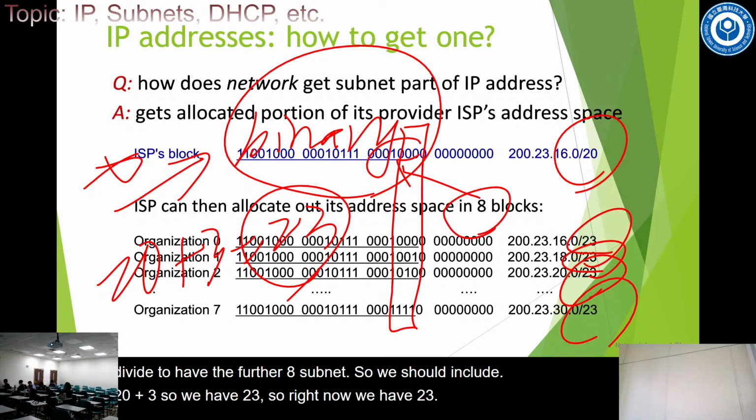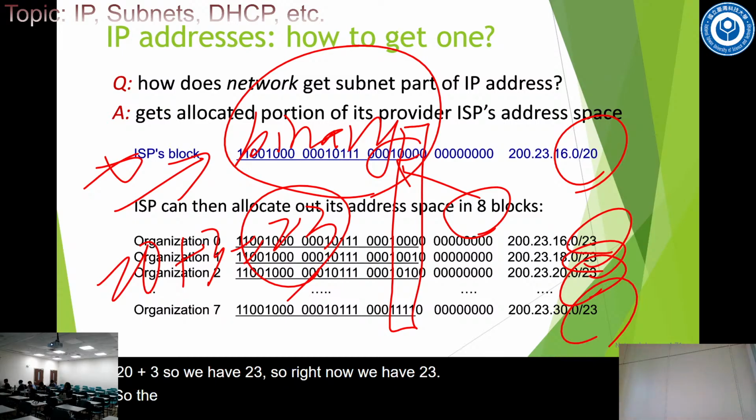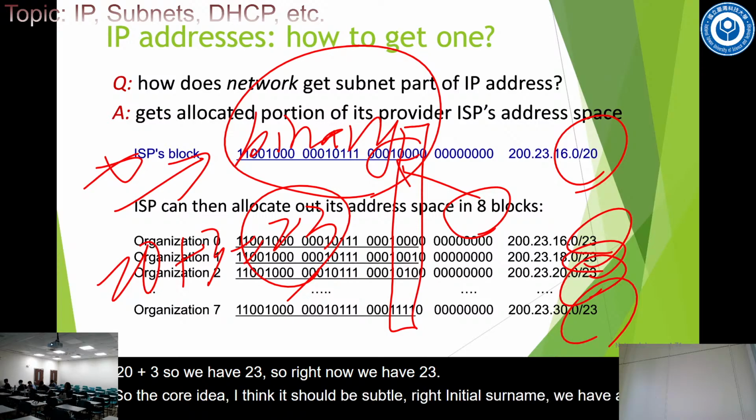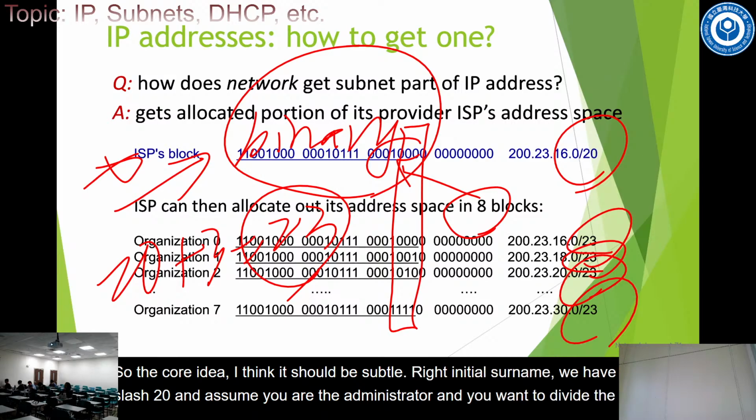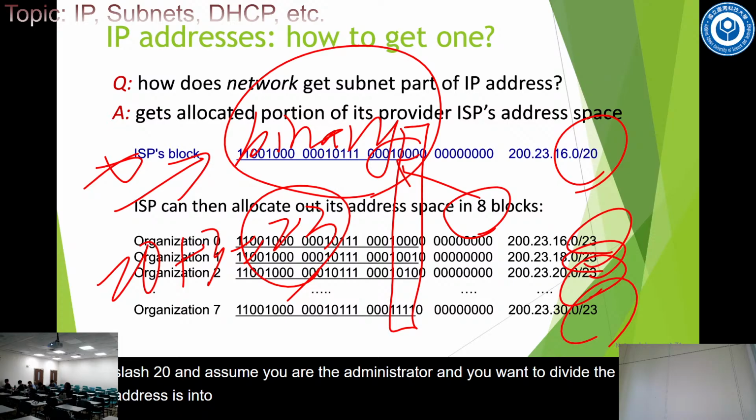So the current idea, I think it should be straightforward, right? The initial subnet is /20. Assume you are the administrator and you want to divide the IP addresses into 8 blocks.